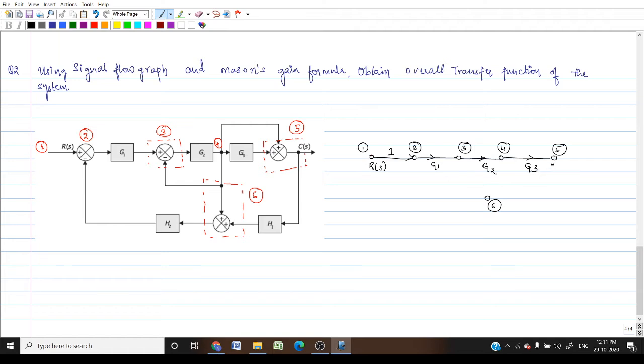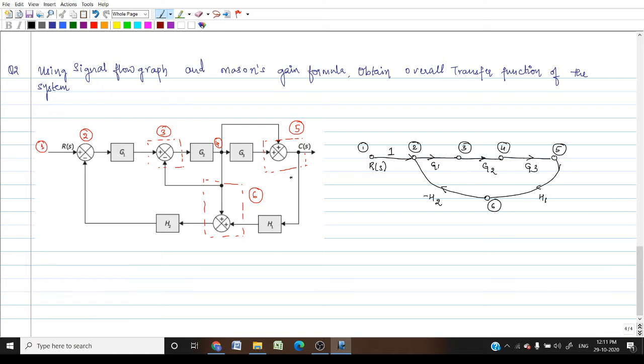Now from 5 to 6 we have H1, and from 6 to 2 we have H2. So here you can see that this H2 is negative feedback, so I'll take it as minus. But coming to H1 it is positive, so it will remain the same.